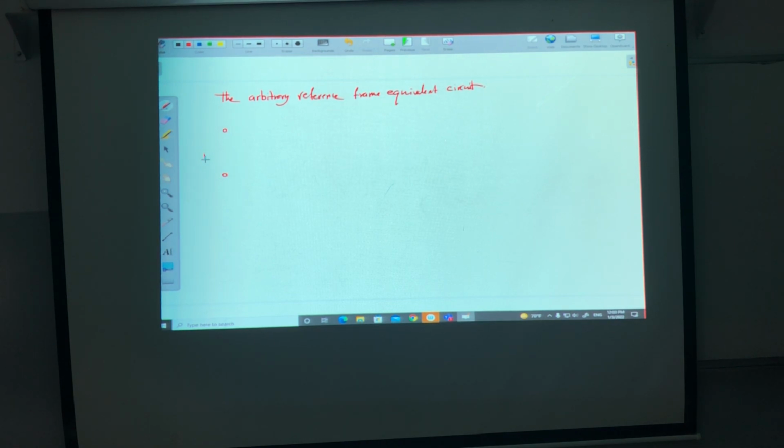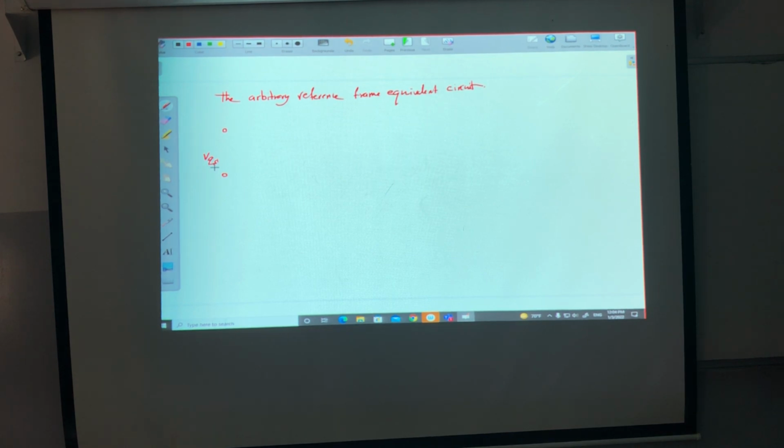So here I will write VQS. So what is the meaning of the equivalent circuit? I'm trying to represent the equation in terms of what? In terms of circuit elements: resistance, inductance, current source, voltage source. So I'm trying to represent the abstract math with a physical system, meaning circuit components.